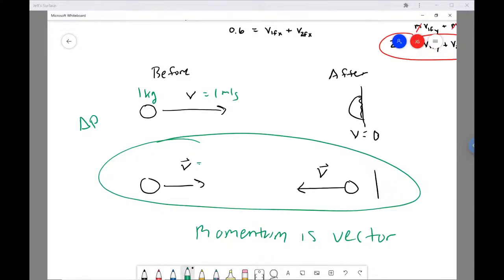But if it bounces perfectly elastically and goes from +1 to -1 meters per second, then the change in momentum is, sorry, let me back up. In the first case, the change in momentum is -1 kilogram meter per second. In the second situation, the change in momentum is -2 kilogram meters per second because of the change in direction.